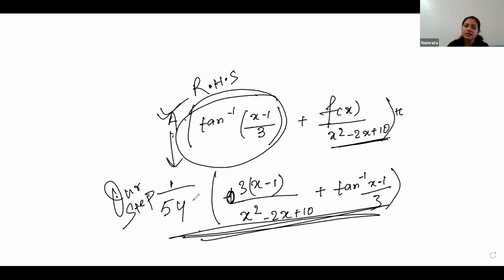So we can say a is 1 by 54, right? And what about f of x? So we can say f of x is 3 multiplied with (x minus 1). So this is what we are having at the place of f of x, and this is what we are having at the place of a. One option is there already. Okay, option number C. Yeah, option number C is that only, a value is 1 by 54 and f of x value. Yes, now I can say it. Just a moment.